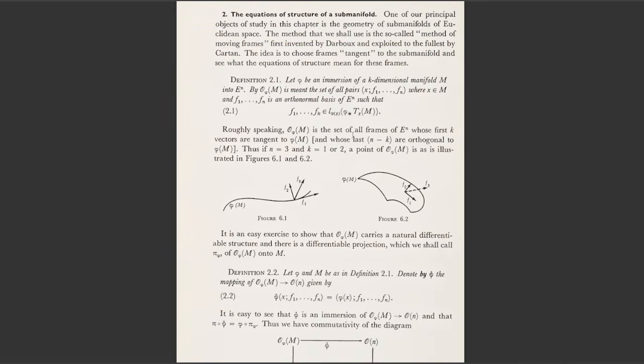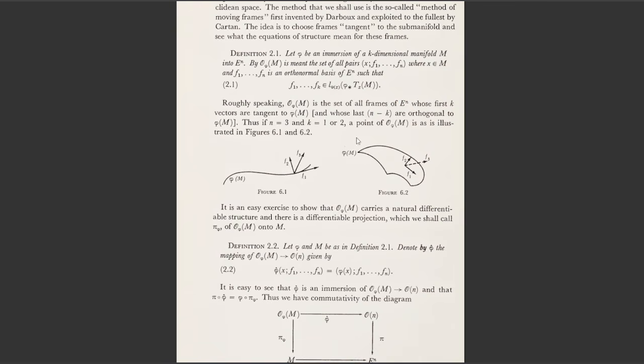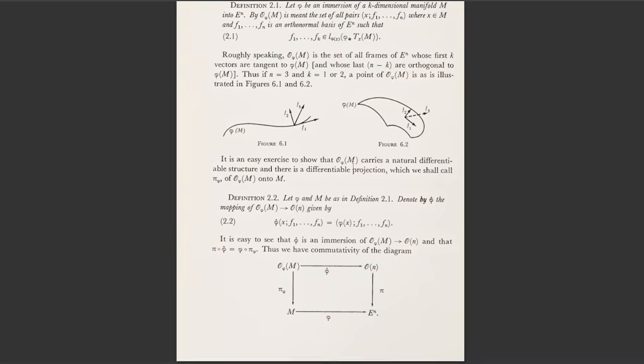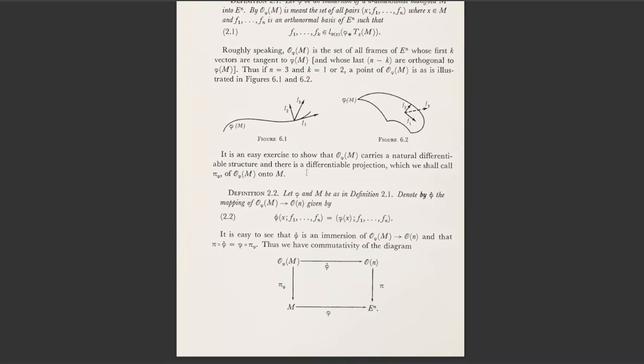Roughly speaking, the set of all frames in Euclidean space whose first k vectors are tangent to this and orthogonal. Basically, we can think about this. It's an easy exercise to show that there is a natural differentiable structure, a differentiable projection we shall call pi sub phi, the projection onto the manifold.